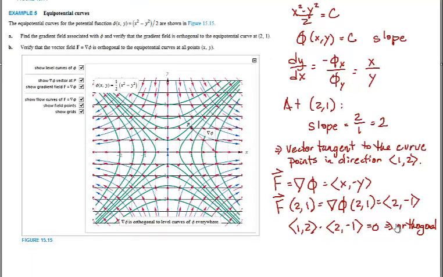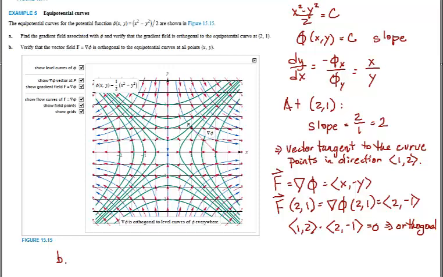Alright. For part B, we're supposed to verify that the vector field is orthogonal to the equipotential curves at all points x, y. Well, since the line tangent to the equipotential curve at x, y is parallel to the vector y, x, while the vector field at that point is x, negative y, the vectors are orthogonal because if you take their dot product, that will equal 0. So let's take their dot product.